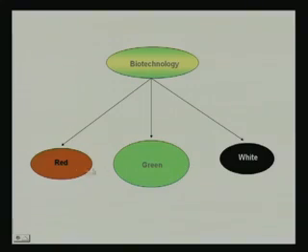Whatever the branch, whether it is white, green or red, any scientist and engineer has a direct role in product and process improvement and optimization.